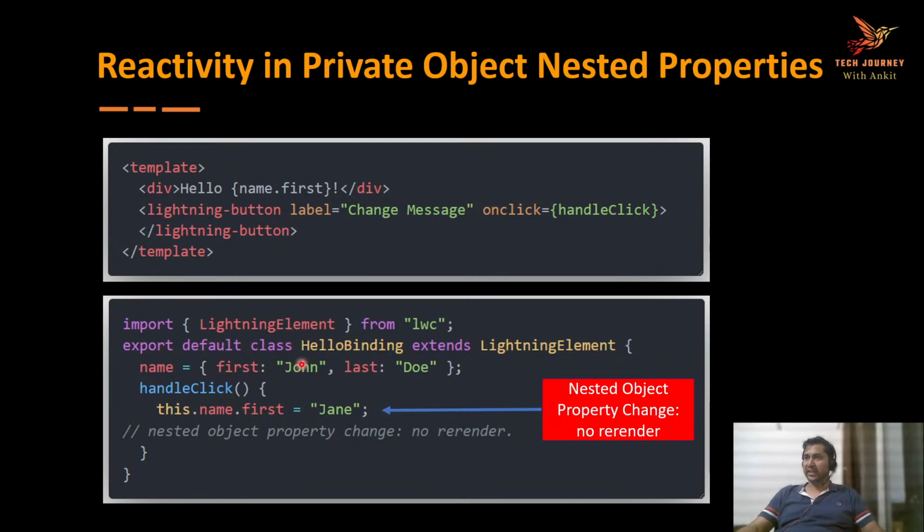In this example, we have one object, and in this object I have two different properties: first name and last name, where the first name is John and the last name is Doe. When the component re-renders, it will show the first property, that is John.